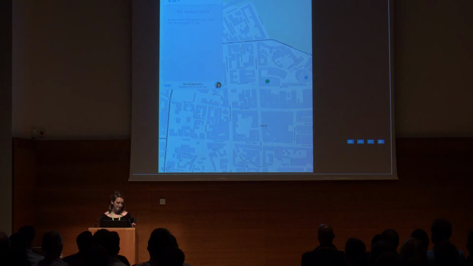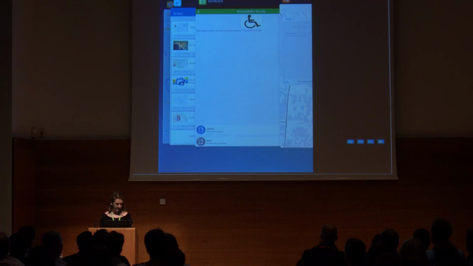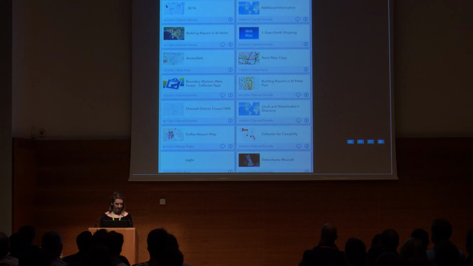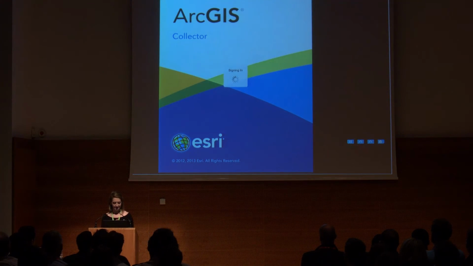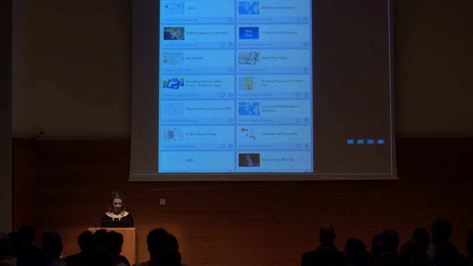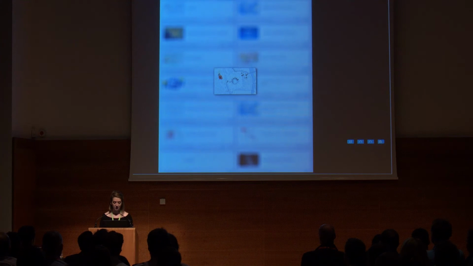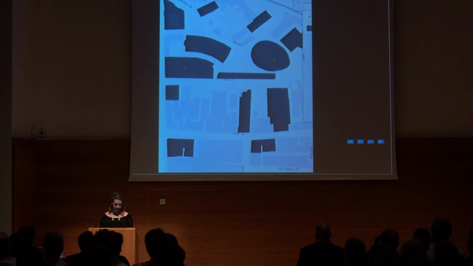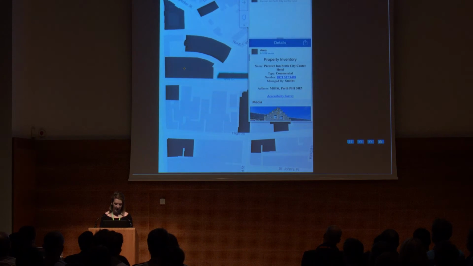Now, back to Collector. I'll open up the web map that we created earlier on and just edited right now. Find our property, which in this instance is Premier Inn, and you'll see that it's hyperlinked to the accessibility survey.